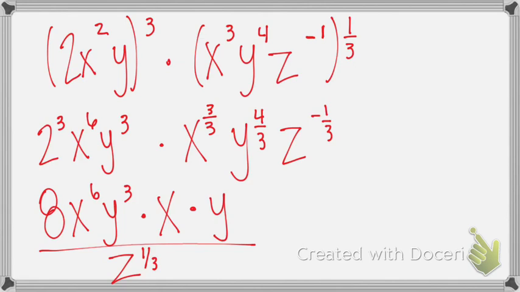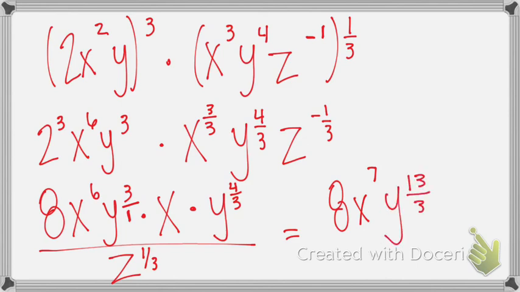All right, so now we simplify and we say 8x to the 7. Oh, I forgot to do this. And then we combine our y's. Can we combine those fractions? No, because their denominators aren't the same. So when you do combine them and you get the same common denominator, you get y 13 over 3, and then we have that z to the 1/3.